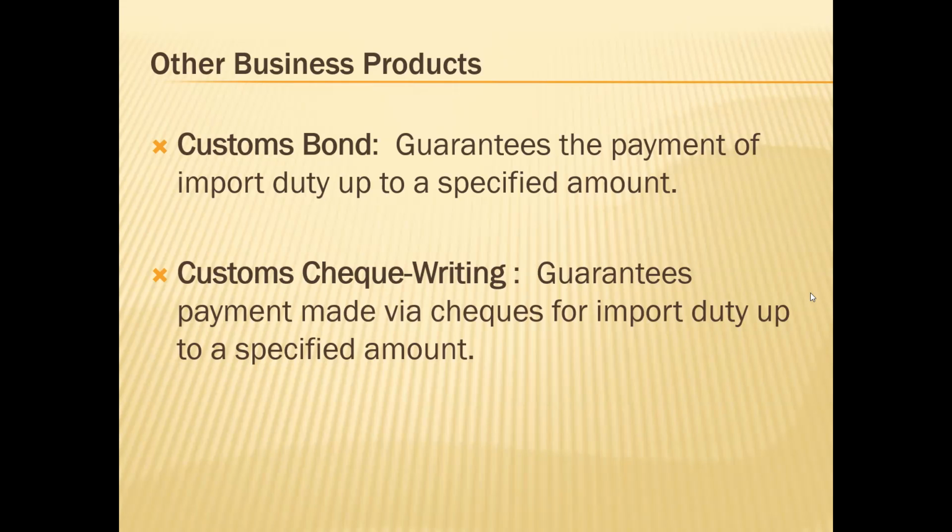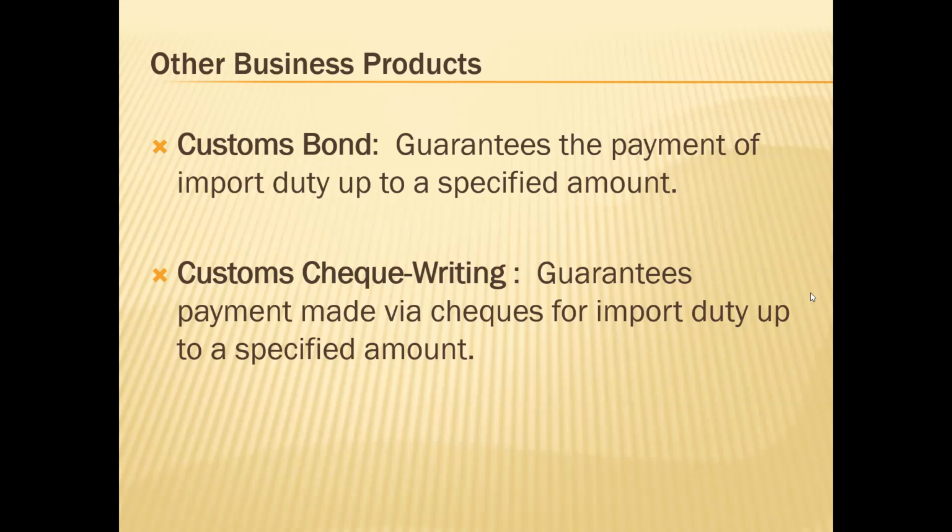And when customs actually receives the cash, because what happens is the bank will basically be guaranteeing customs that they'll be getting this money. And if they don't get this money, the customs department will then require the bank to pay them.